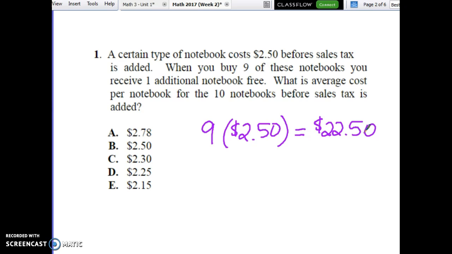So when you are asked about the average cost per notebook, you'll divide the total amount you paid by the total number of notebooks that you purchased, including the one that was free, and your average cost, or your unit cost, is $2.25 per notebook, which is answer choice D.